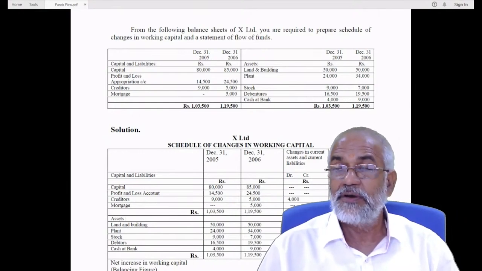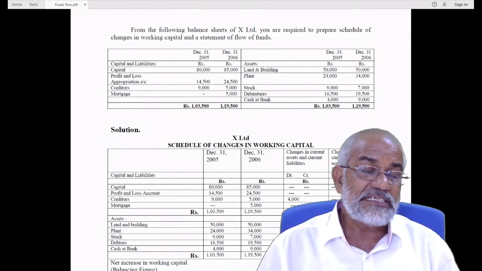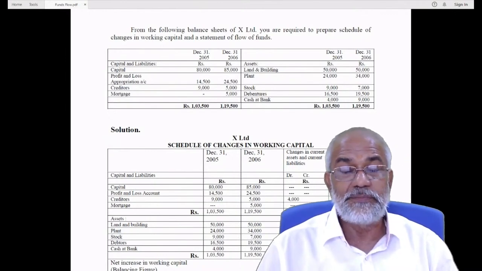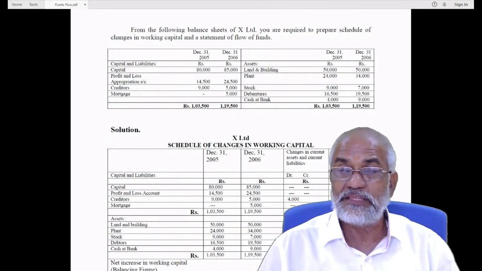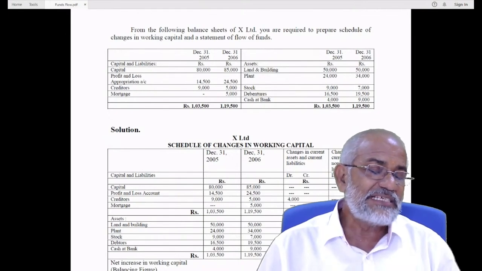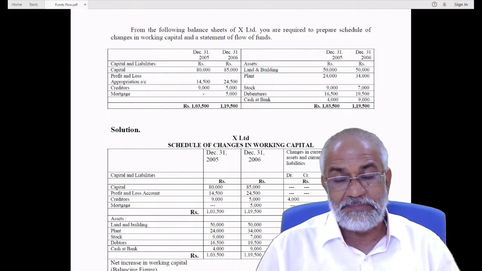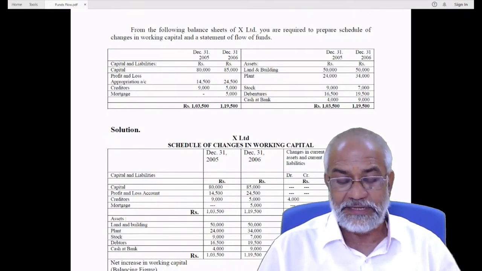And the last step, the fourth step, is the funds flow statement wherein we will prepare the sources and application of funds. So the first stage is to prepare the statement of changes in working capital.